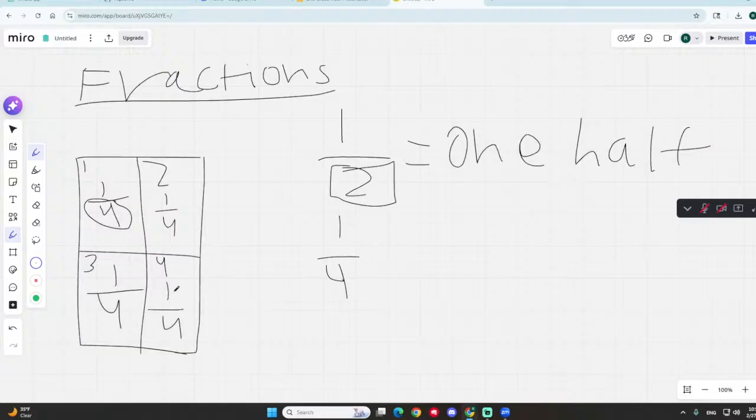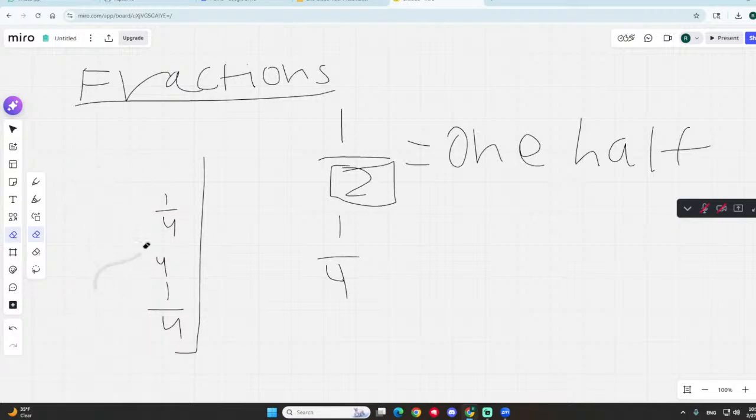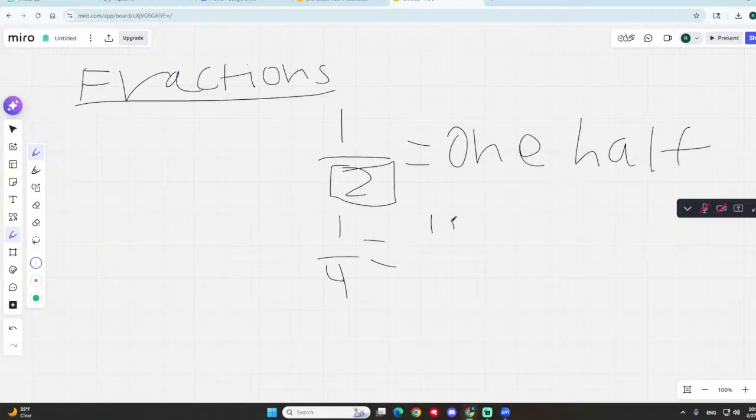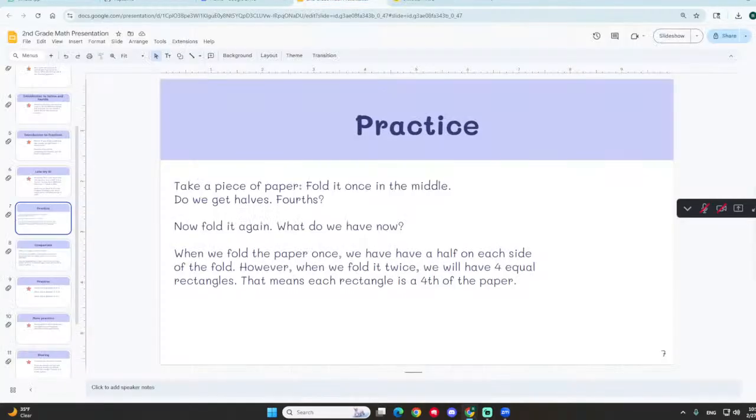So now we can see how these basic fractions work. 1/4 is a quarter of something. If something is divided into 4 equal parts, 1/4 equals 1 part. And they must be equal parts. Each part must be equal.